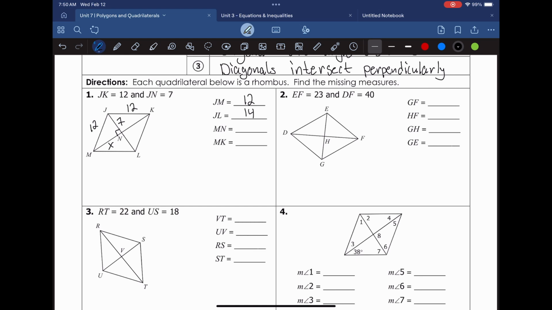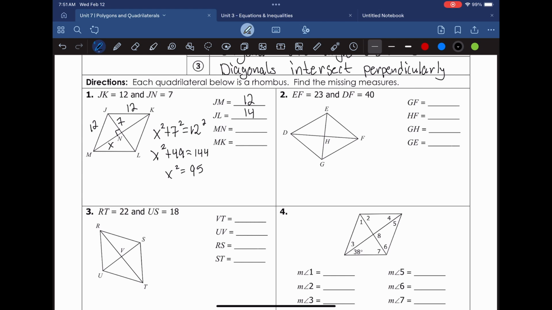Let's call it x. You've got x squared plus 7 squared is equal to 12 squared. So x squared plus 49 is 144. Then x squared is equal to, what is that, 95?